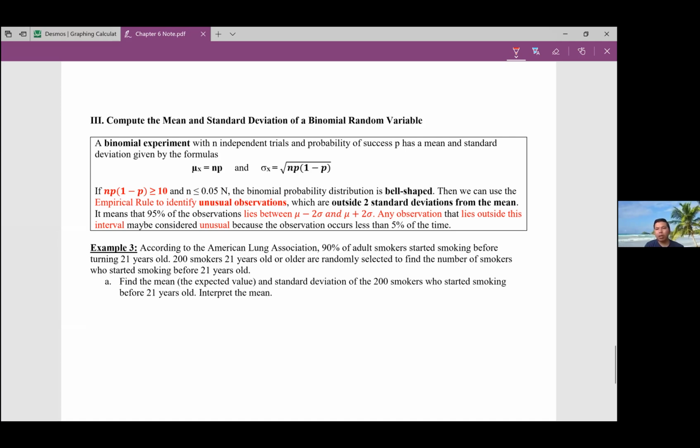Now, something that we're going to use later on: if n times p times 1 minus p is bigger than or equal to 10, and n is less than 0.05 capital N, then the binomial probability distribution will be bell-shaped, meaning that we can use the empirical rule to identify the unusual observations.